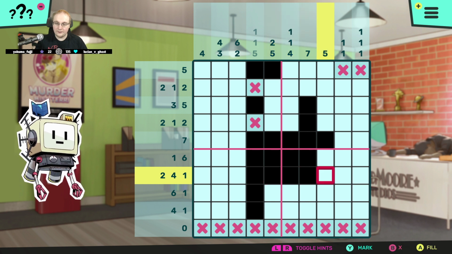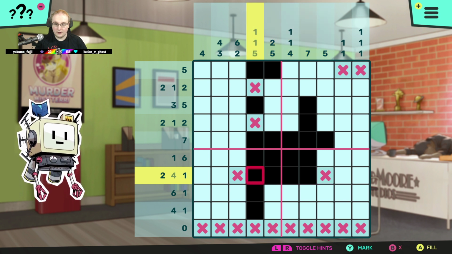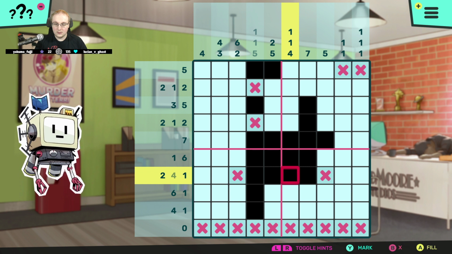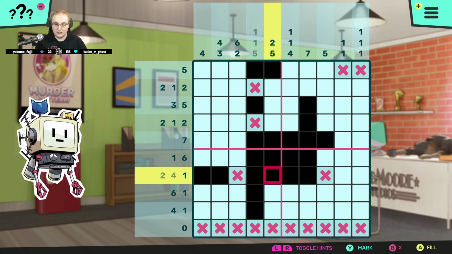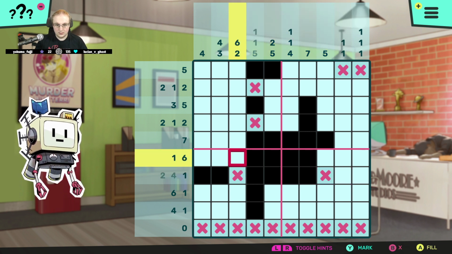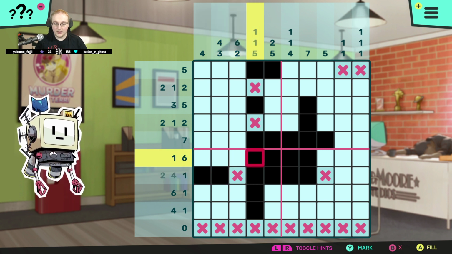So that's got to be the 4. Because you couldn't fit a 4 in there otherwise, could you? And that's got to be the 2. Yeah, fine. Otherwise. That's good. You literally couldn't fit those 2 in any other way.